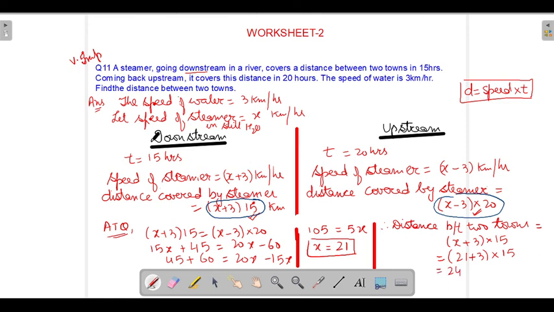So 24 multiplied by 15 gives 360 kilometer. So 360 kilometer is the distance between the two towns.